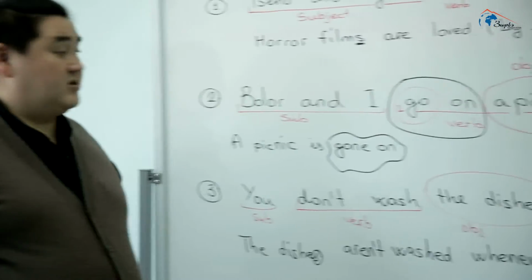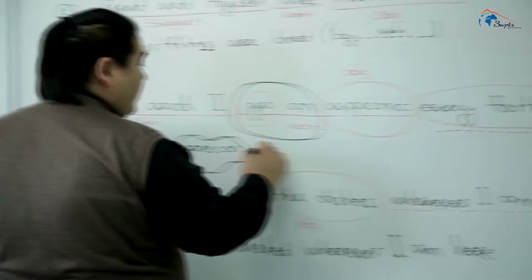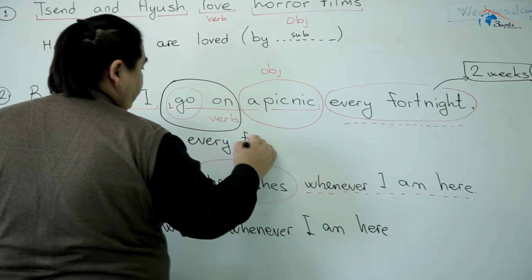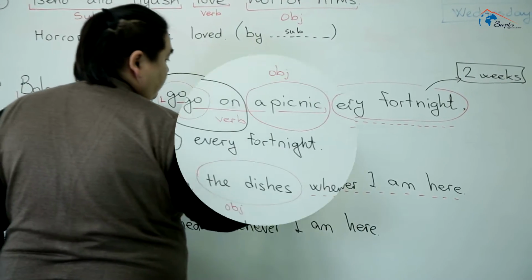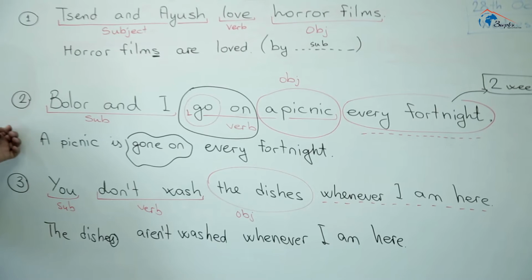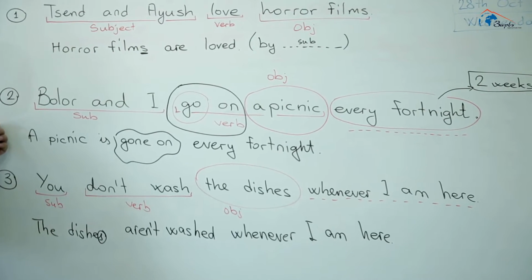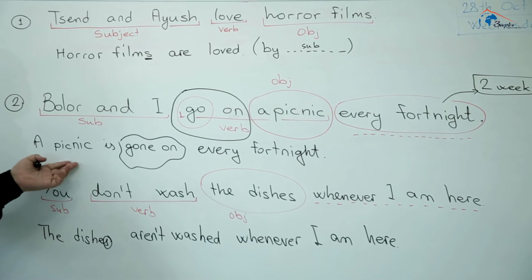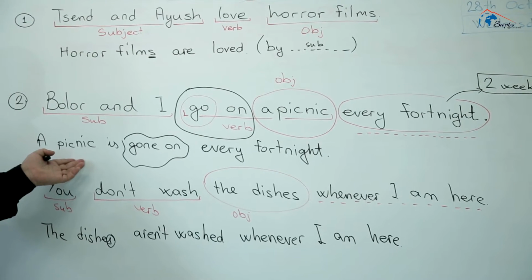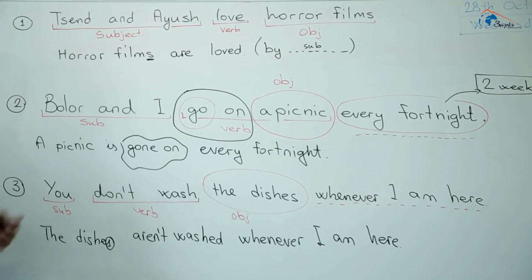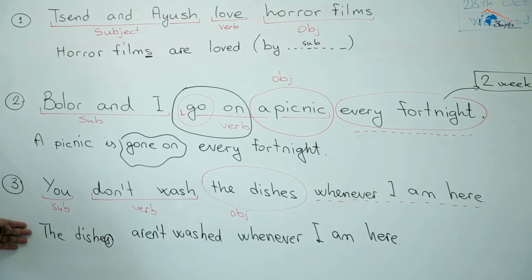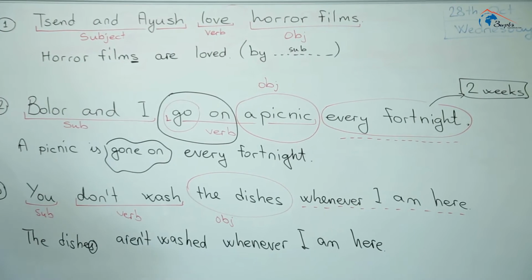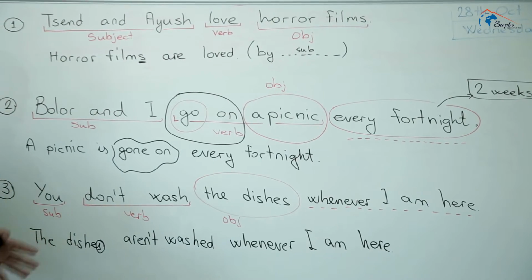Yeah, it's like that. Gone on every fortnight. This sentence is grammatically correct, but in everyday life, we don't use this kind of sentence very much. But this one and the first one, these sentences are used all the time. You never miss it out.